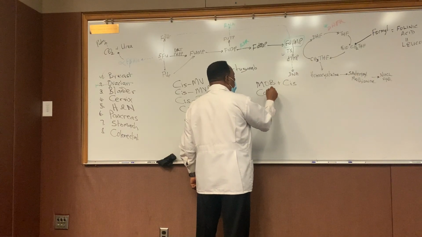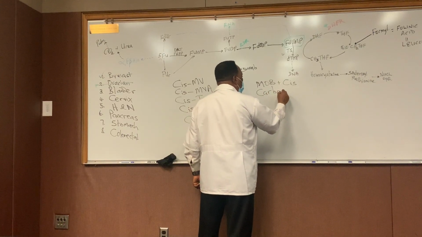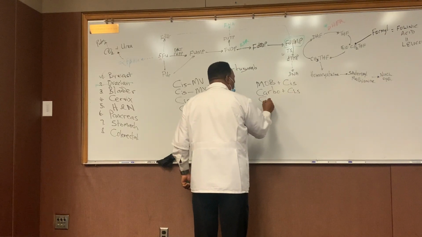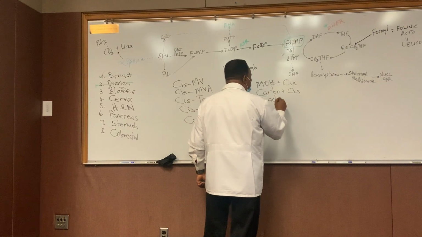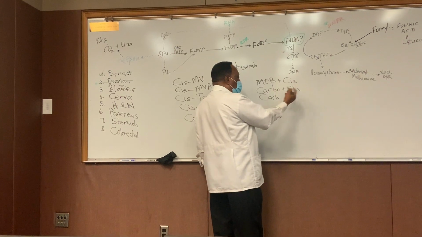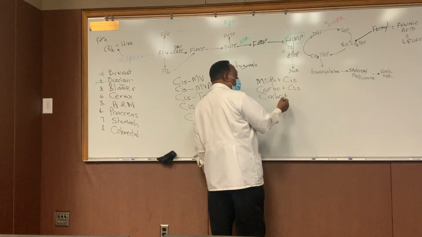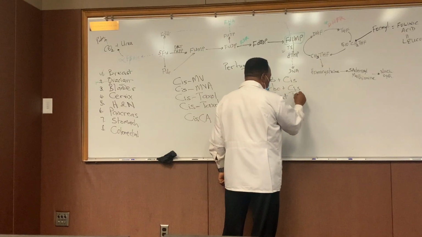We can use the Carbo-Cis regimen, that is two platinum compounds. You can use the carbo plus Taxol.